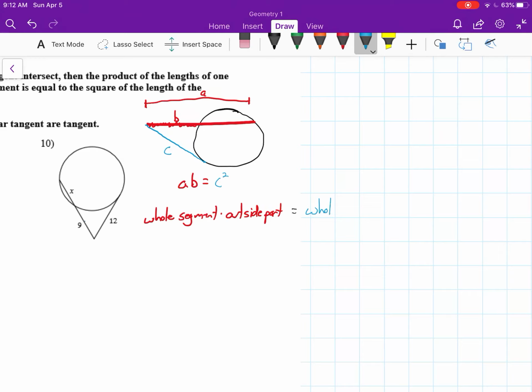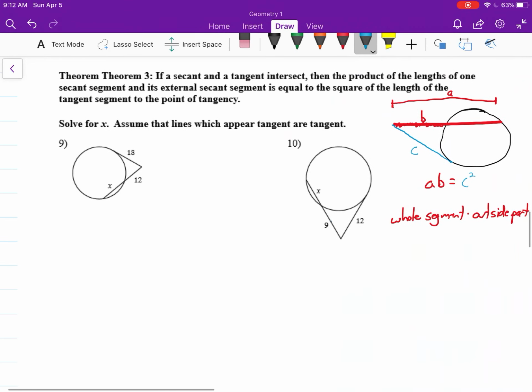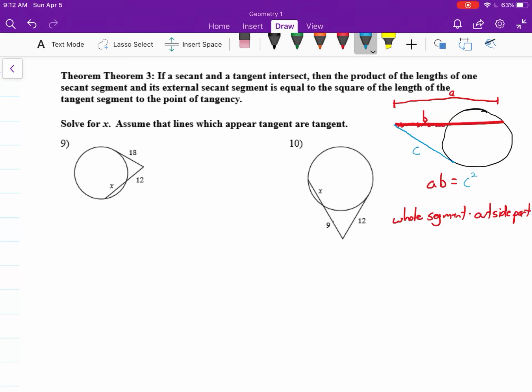Well, the whole segment for this tangent segment is C times the outside part. Well, the whole segment is the outside part. So it still does work because the whole segment and the outside part for the tangent segment ends up being the same thing. So let's take a look at one example here.